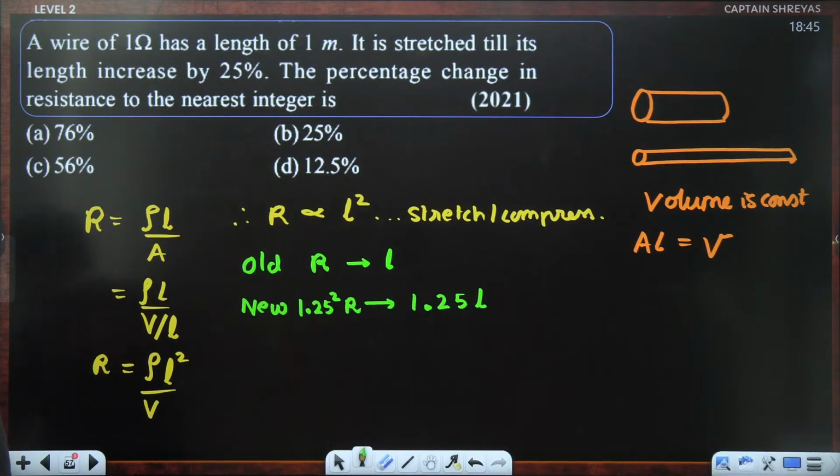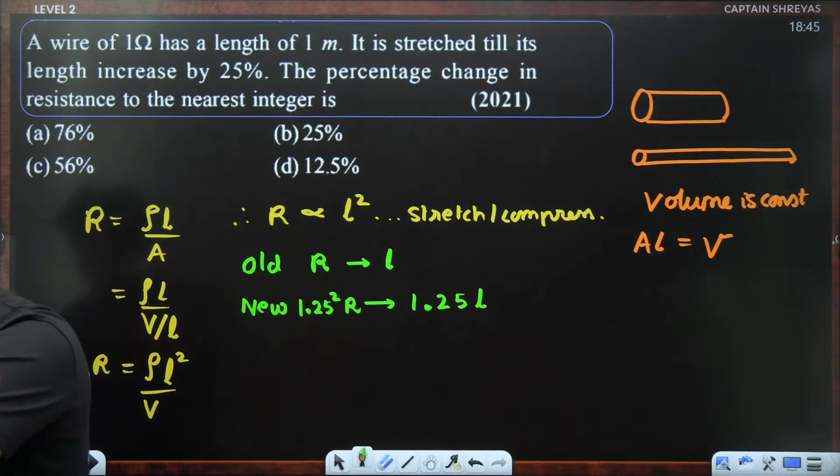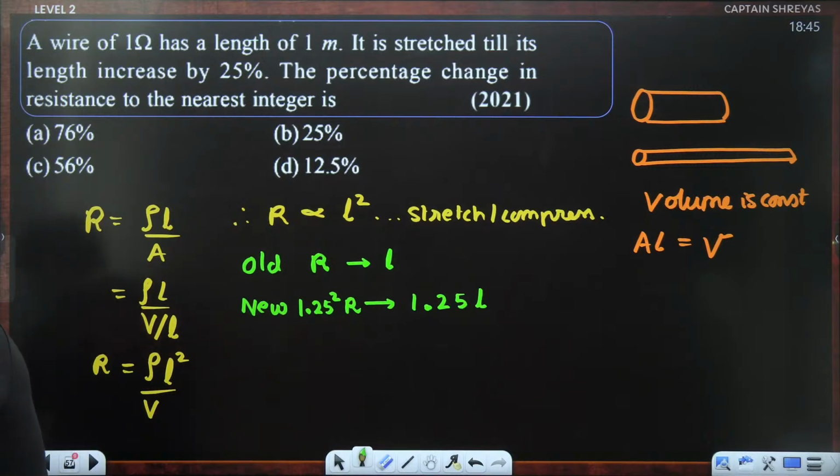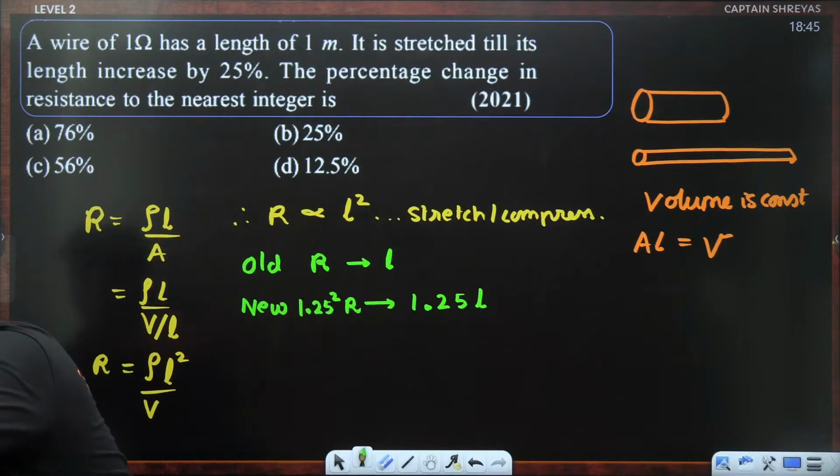So 1.25 multiplied by 1.25. That is 1.25 square times the older resistance. Is that absolutely clear, everyone? Very good. Awesomeness. So what will be the answer of 1.25 into 1.25? Let me know in the chat box. How much will it be?